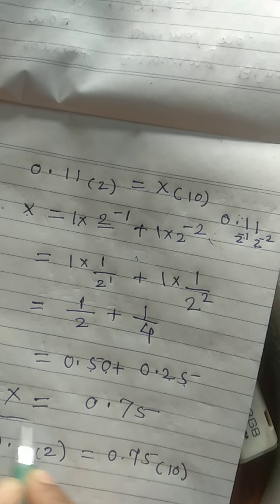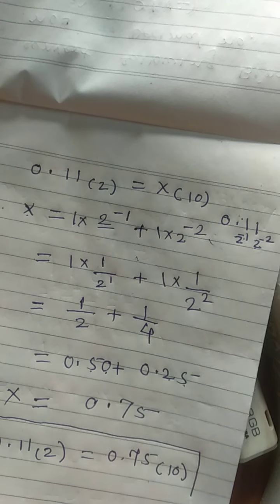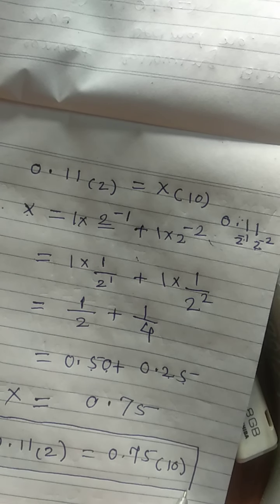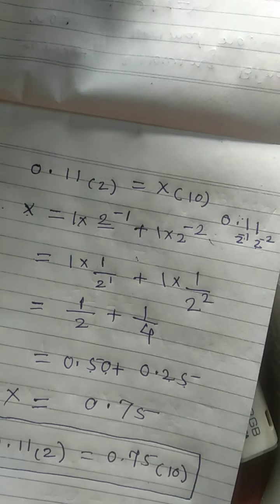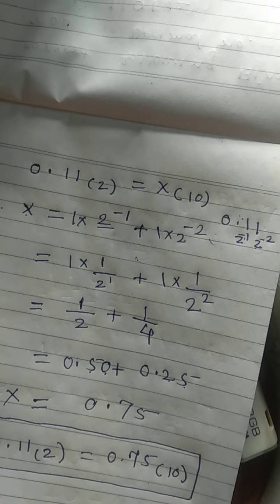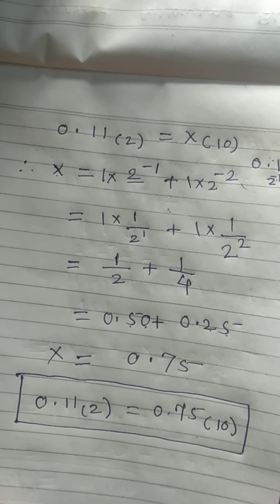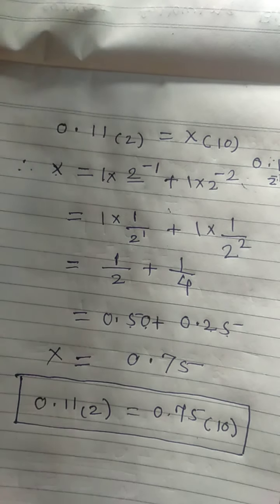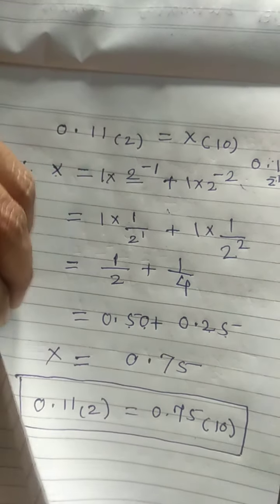So this was the conversion of fractional binary number to what? Decimal number. We'll consider one more example. I will give you one example to solve now, and we'll see more examples in the next lecture.